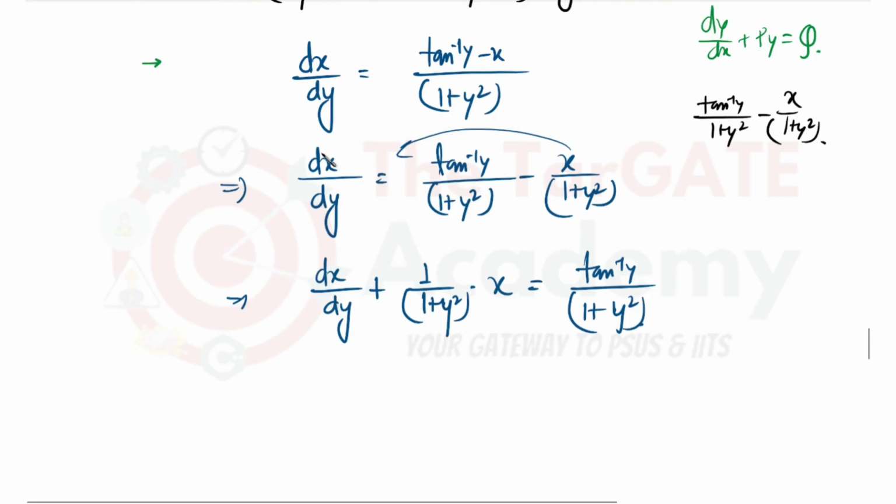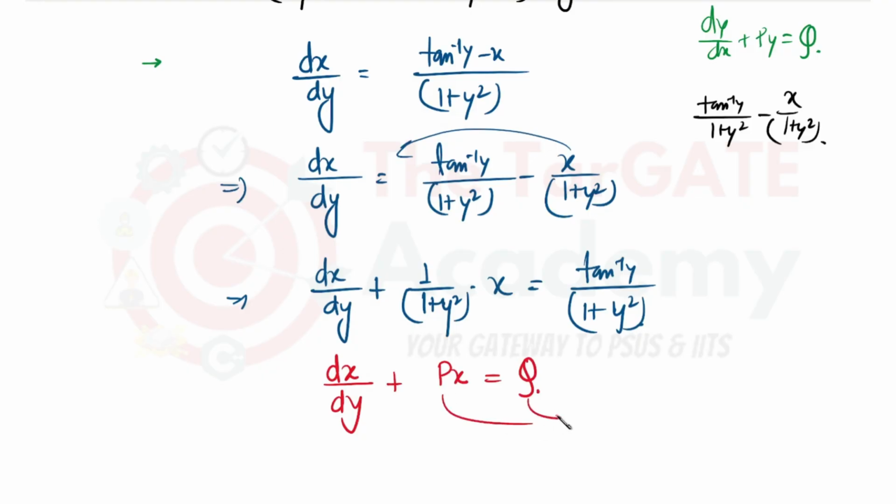Now look at this, this is very much a linear differential equation with respect to x: dx by dy plus Px equals Q. In that case, P and Q must be constants or functions of y only, not x. So definitely this is a function of y only, this is a function of y, and this is also a function of y.